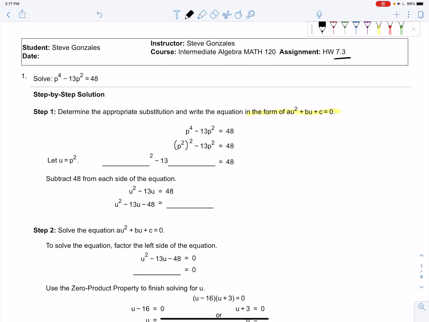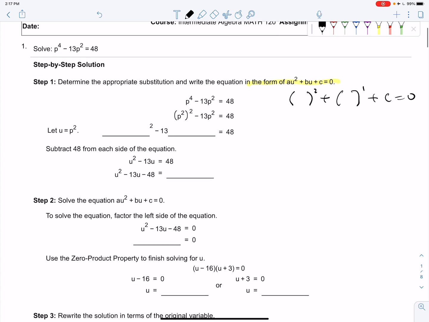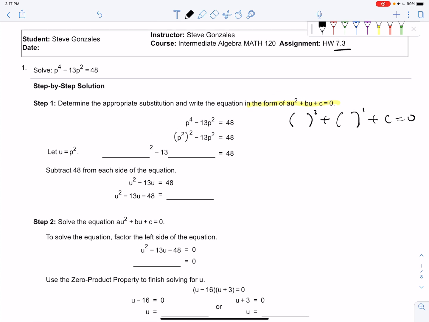So really what we're trying to do is write the equation as the variable raised to the second power plus or minus that same variable raised to the first power, and then you have a constant and it's equal to 0. So that's what we're looking for. And you can see in this particular problem we have p to the fourth power.